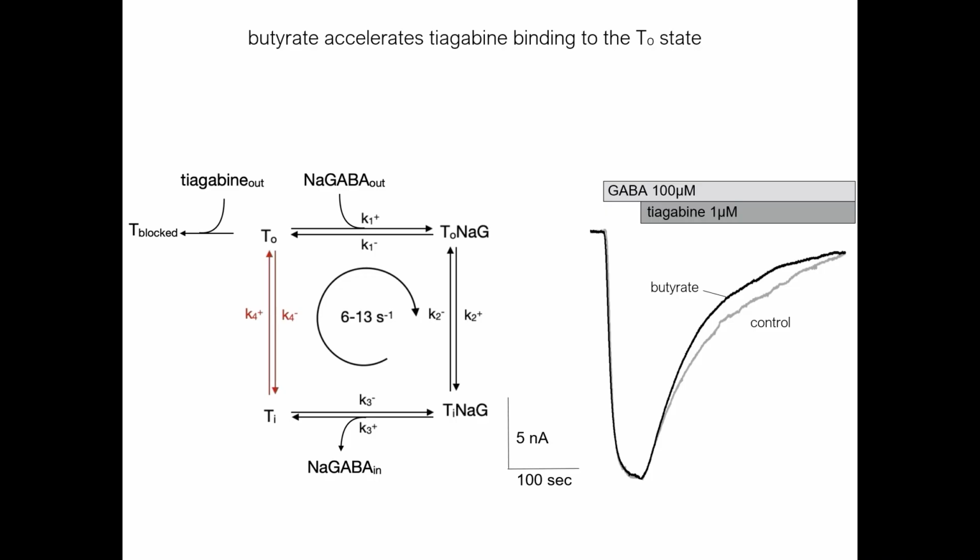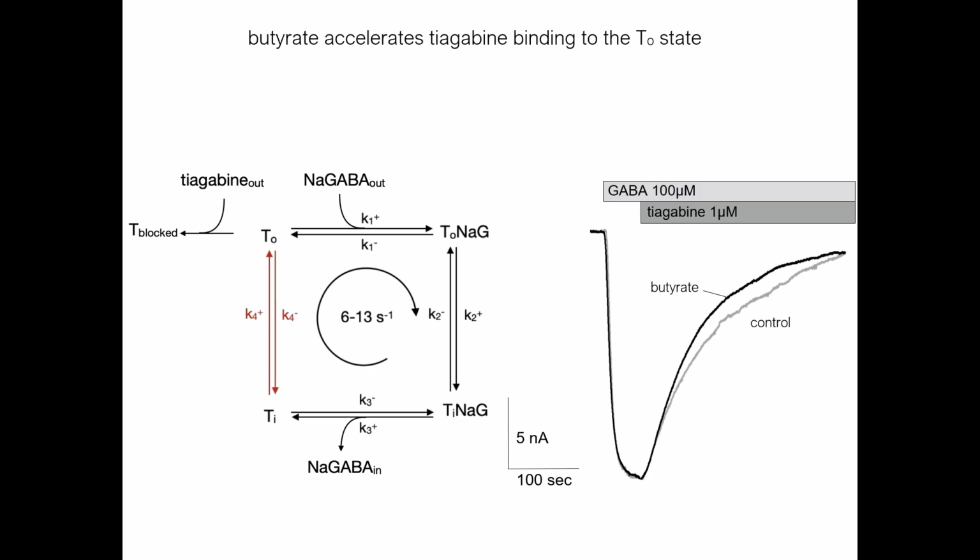So how could that be affecting the transporter? Why would that make the transporter work faster? Basically, I won't go into much detail, but as I mentioned, there's this conformational change. The outward-facing and inward-facing transporter goes back and forth, and GABA binds on the outside to the TO form and forms a complex, and then it undergoes a transition, and GABA is released on the inside.